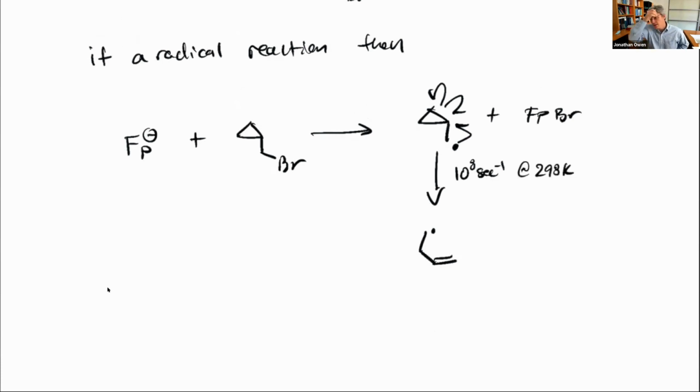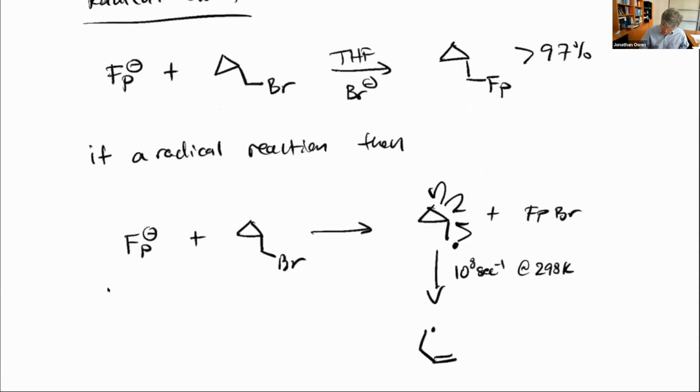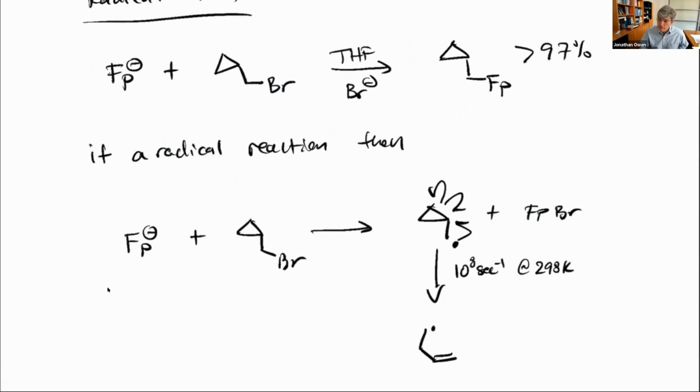So if you make that radical, it doesn't live for very long. It flops open. You end up with this butenyl radical, and you can go and test whether or not you find the butenyl FIP or whatever product. So the fact that it makes 97% says no radical chemistry in that conversion reaction.